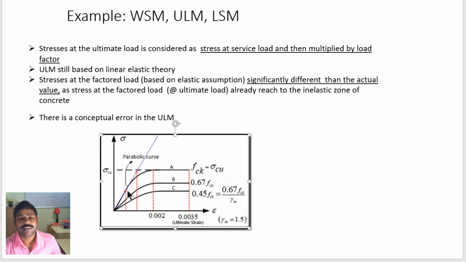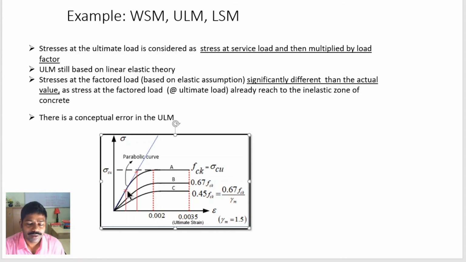What is happening in the actual concrete will be somehow different from the stress we are calculating as per the ultimate load method. Because when you apply the ultimate load, the concrete has already reached the nonlinear zone, but here you are calculating stress as per the linear zone.